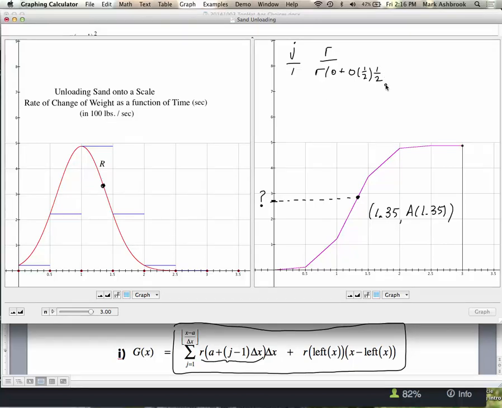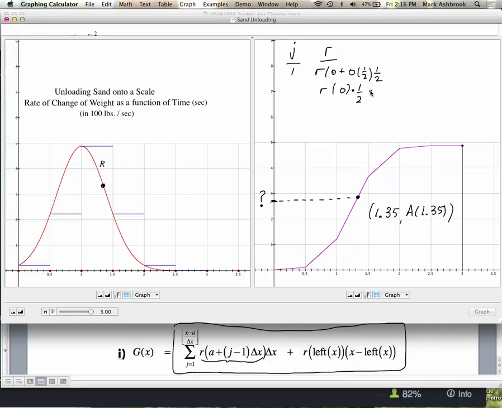Is that 0? No. Look at the first constant rate. It's not 0. So this whole thing right there is R of 0 times 1/2. That's what that thing does right there when J equals 1.